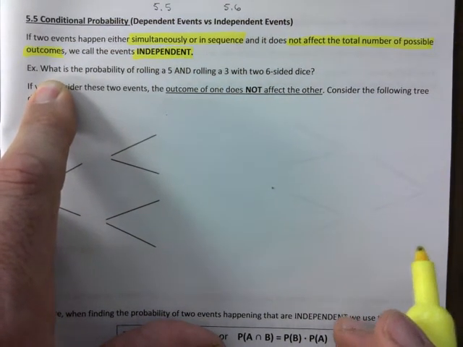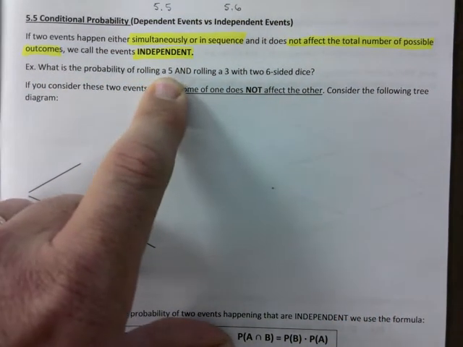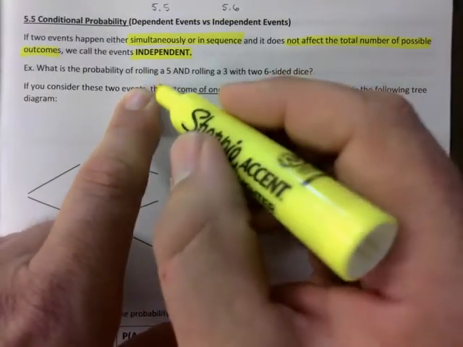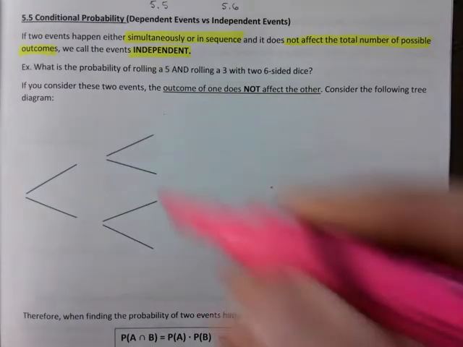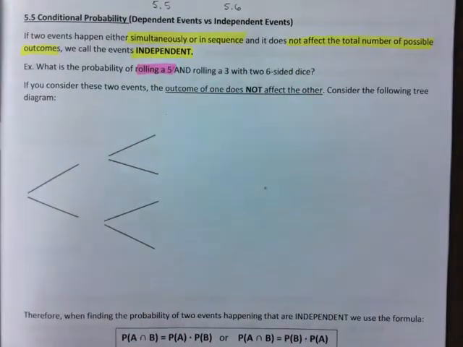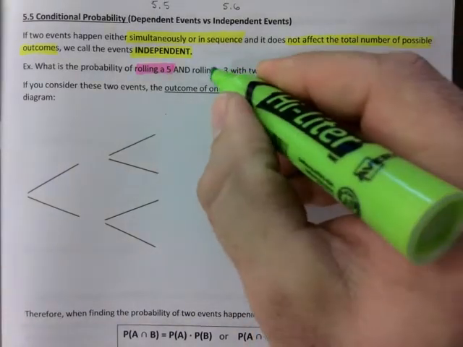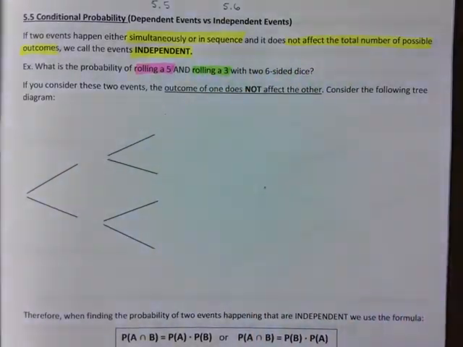So, for example, what's the probability of rolling a 5 and rolling a 3 with two 6-sided dice? If you consider these two events, the outcome of one does not affect the other. Consider the following tree diagram.